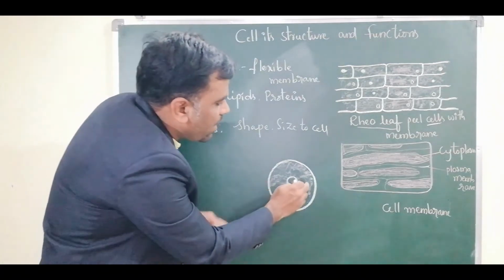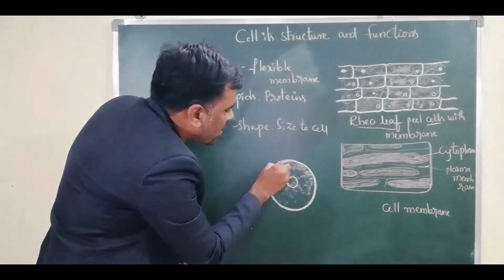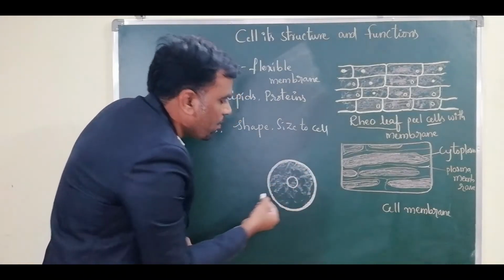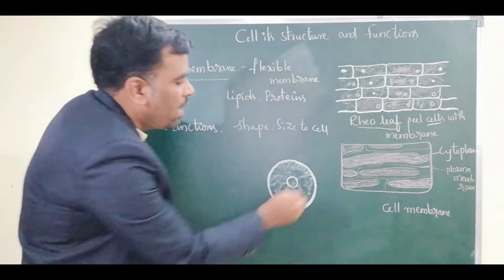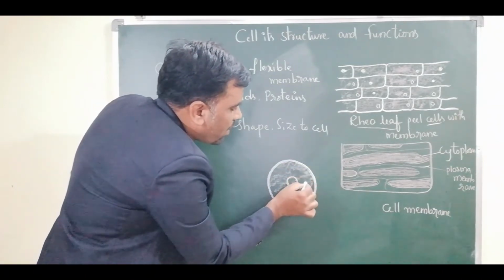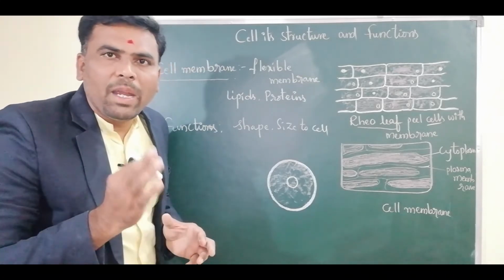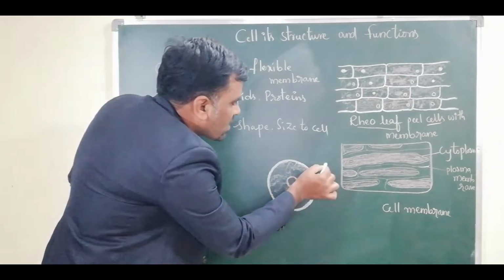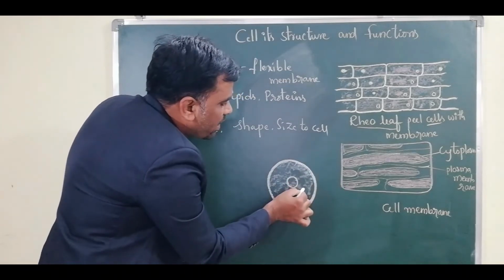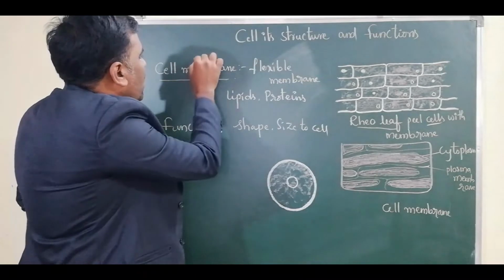That is a major function. The environment outside the cell and the environment inside the cell are completely different. Maintaining the balance between the external environment and the internal environment of the cell is done by the cell membrane.